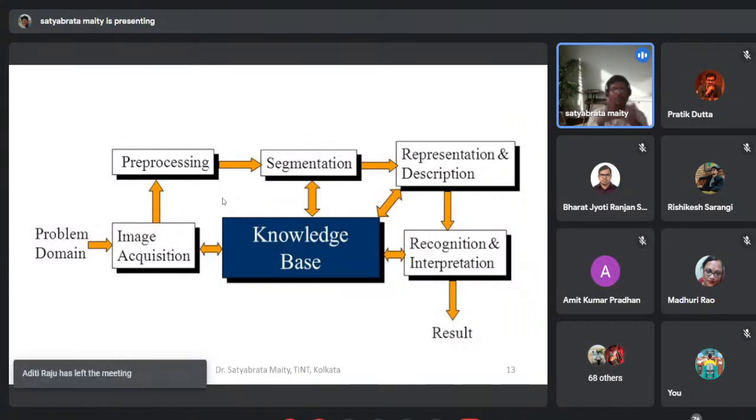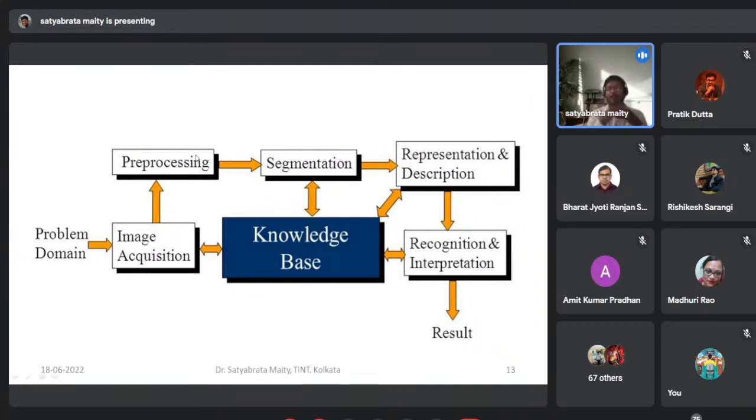So this is the thing. To solve this problem, we put a camera in front of my door, and that camera will take the image and send it to my computer. Now in my computer, first we are pre-processing it.